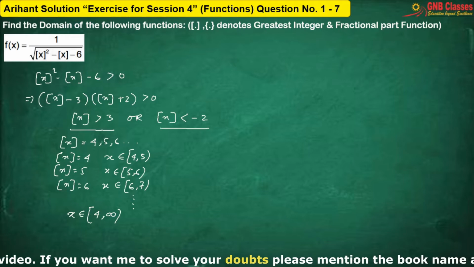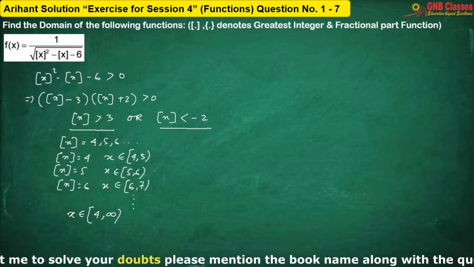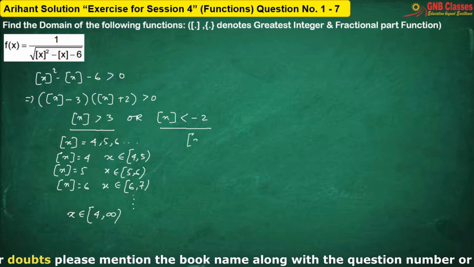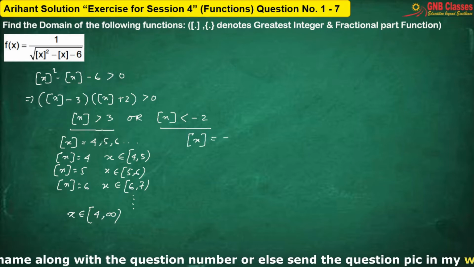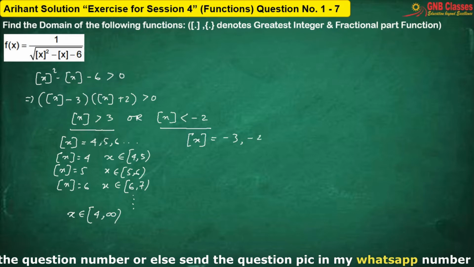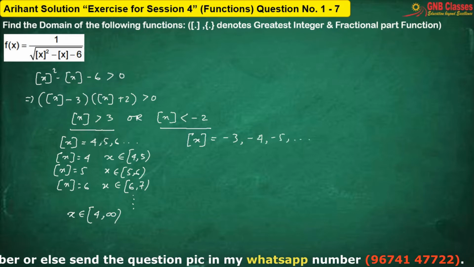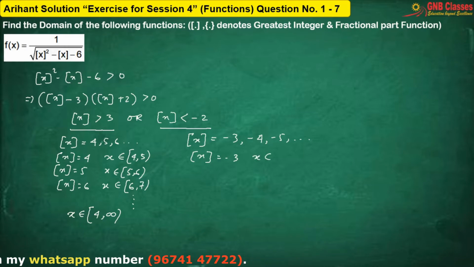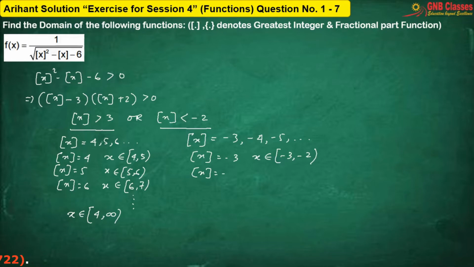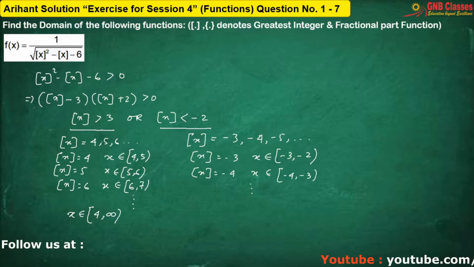Okay, see this part: the greatest integer function is less than -2. So the first value that box x can take is -3, -4, then -5 and so on. When box x is -3, x belongs to this interval, when box x is -4, x belongs to that interval, and so on.